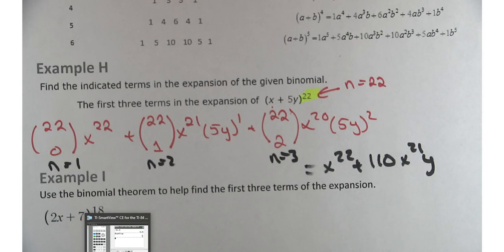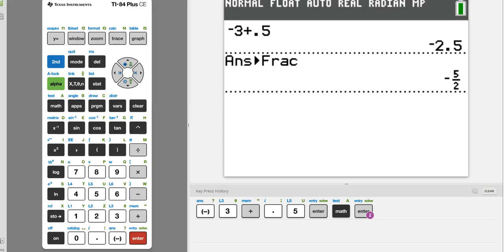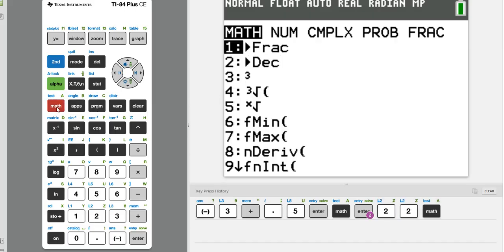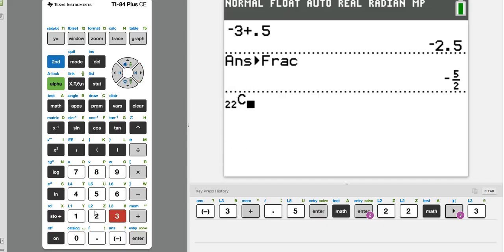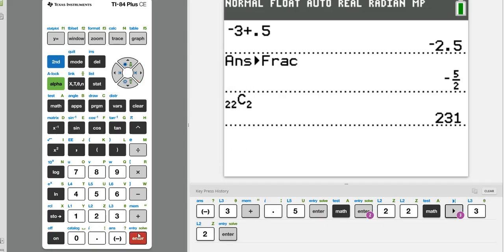I want to say 253, but I'm not sure. No, 283? Yeah, all right, whatever. 235? 231. So anyways, we'll type in the 22, hit the math key, probability, 22 choose 2, and bam, 231.